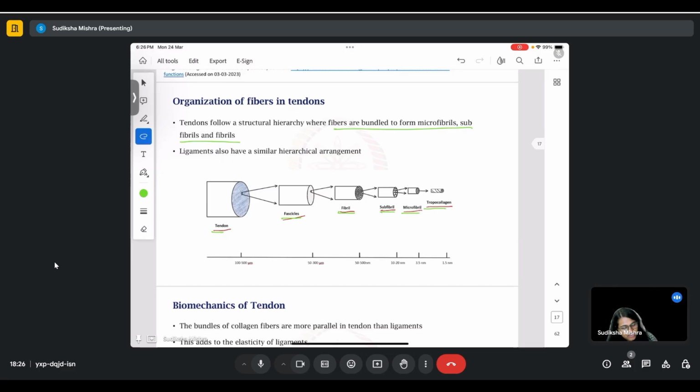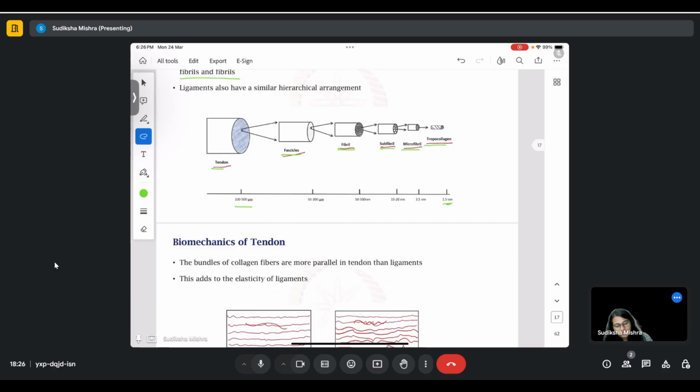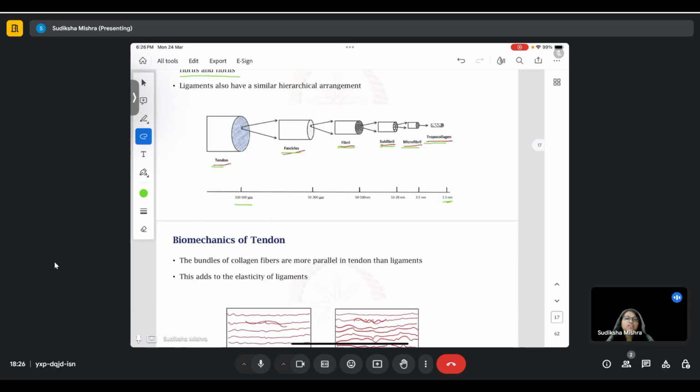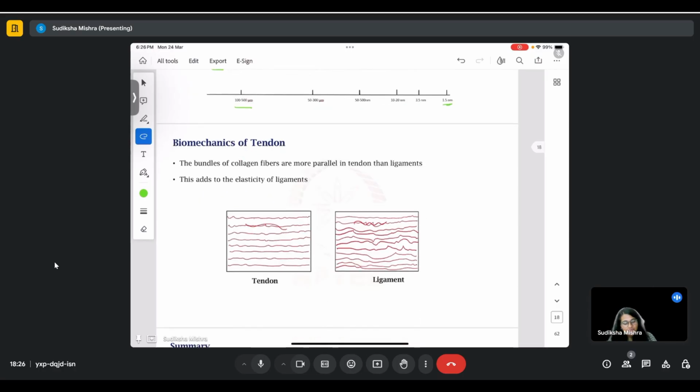Note that these tropocollagens are in the nanometer range, whereas tendons are usually in the micron or millimeter range. So you can appreciate the arrangement in these different stages. If you look at the biomechanics of tendon, in general, the collagen fibers are more parallel in the tendon than in a ligament.